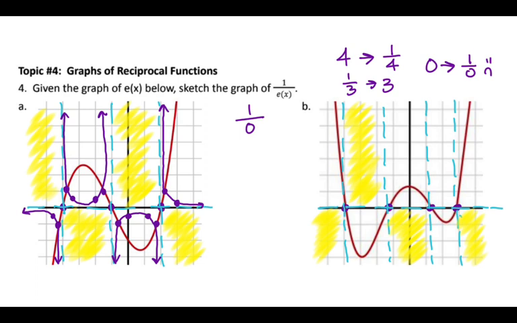So going to my next graph, again, which I'm going to do in purple, I'm going to start with this first red piece. Let's see, 1 is over here, 1/2 is pretty close to right here. It's very, very close to the asymptote, which is okay, but it's going to extend towards your horizontal asymptote. For the next piece, I look for my 1's.